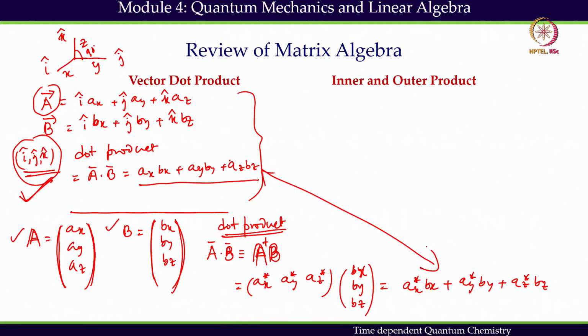So, the dot product has to be done this way in the matrix form, and the length of the vector is called the norm of the vector. The norm is actually the length of the vector.